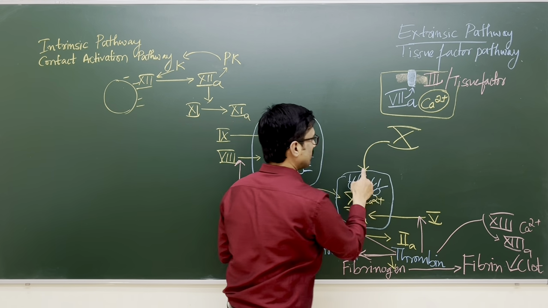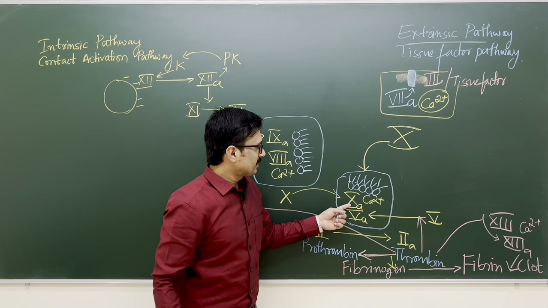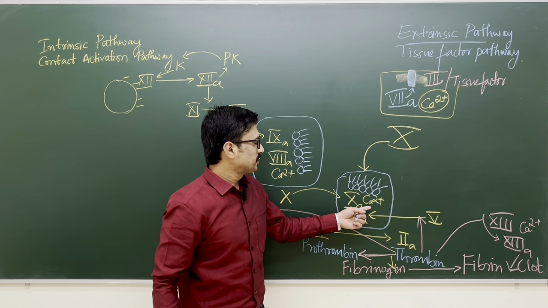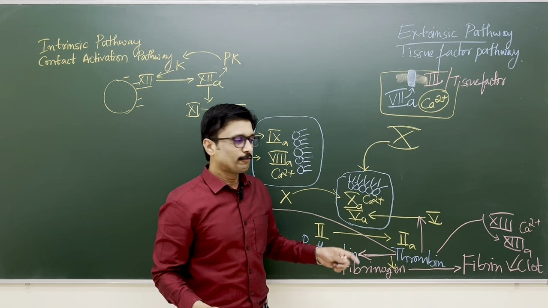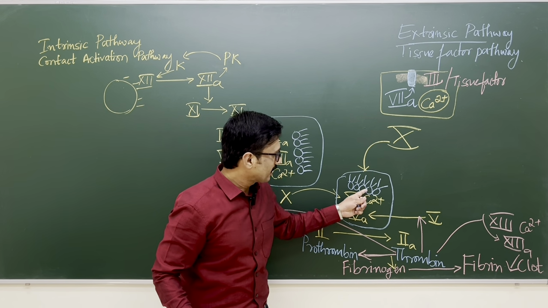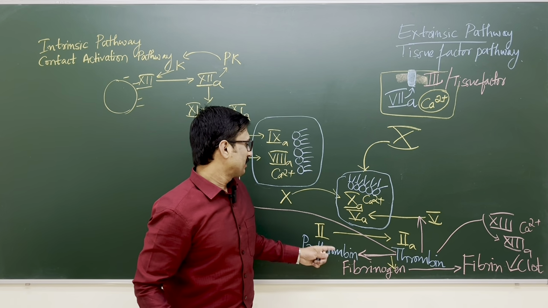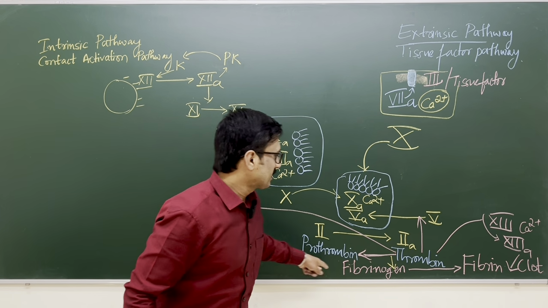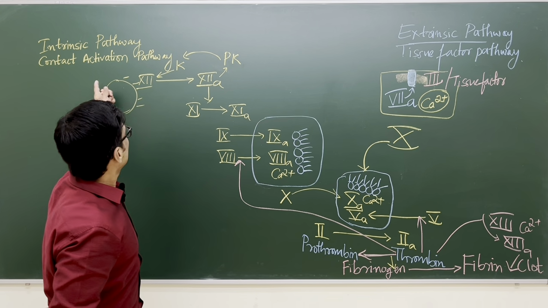So once factor 10 is activated, this factor 10 will combine with activated factor 5 and calcium over the membrane of platelets, binding to the platelet phospholipids, will activate prothrombin to thrombin, and the cascade continues similar to that of the intrinsic pathway.